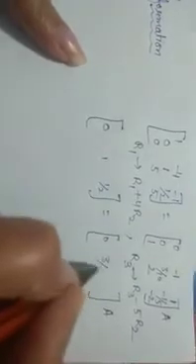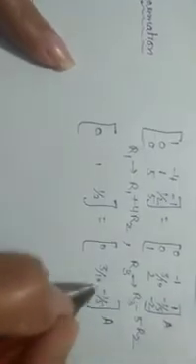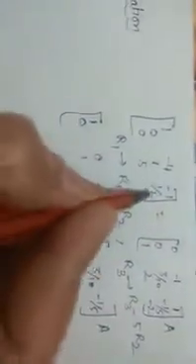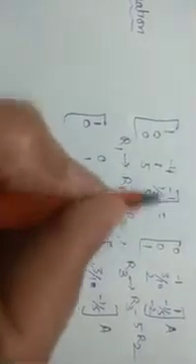Clear? Second row no change. So multiply R2 by 4 and add to the first row. So it is 1. Multiply by 4, it is 4, minus 4 plus 4, 0. Multiply by 4, it is 2, minus 1 plus 2, 1.